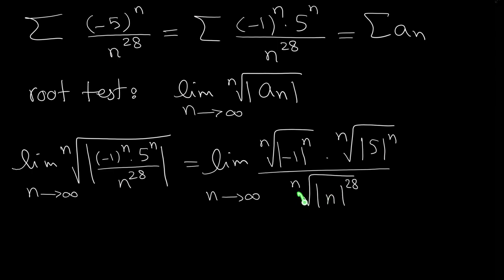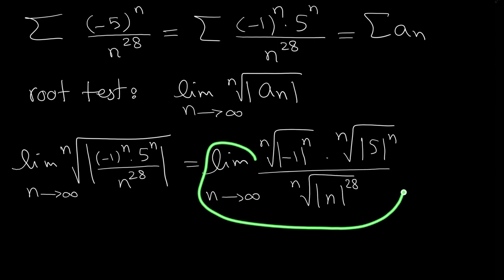So what is the root n of n to power 28? If you remember from limit of sequences, there were some formulas. If we have a root n of a polynomial with variable n, the answer is equal to 1.